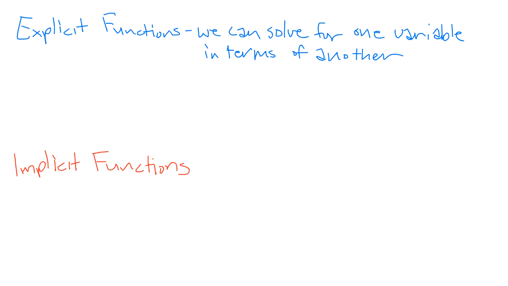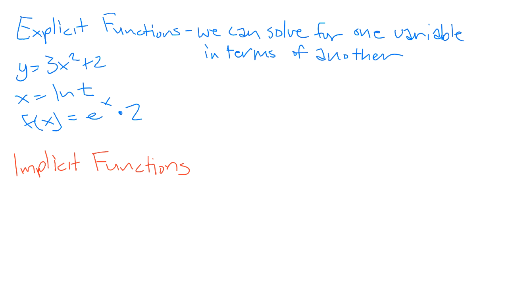So another example of this, there's a lot of examples. We can say that y equals 3x squared plus 2, x equals the natural log of t, and let's say that we have f of x equals e to the x times 2 times 2x cubed, and then our f of x can actually be set equal to some variable.